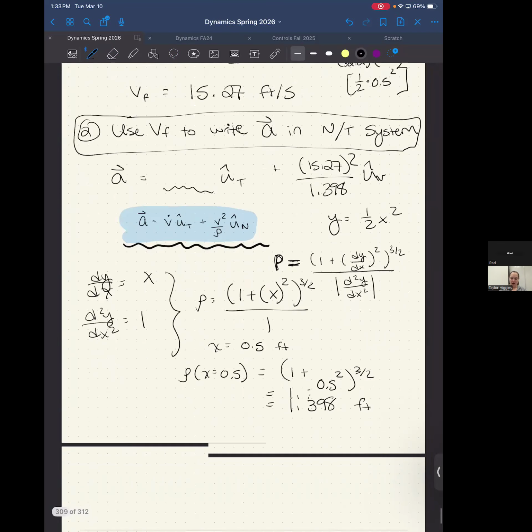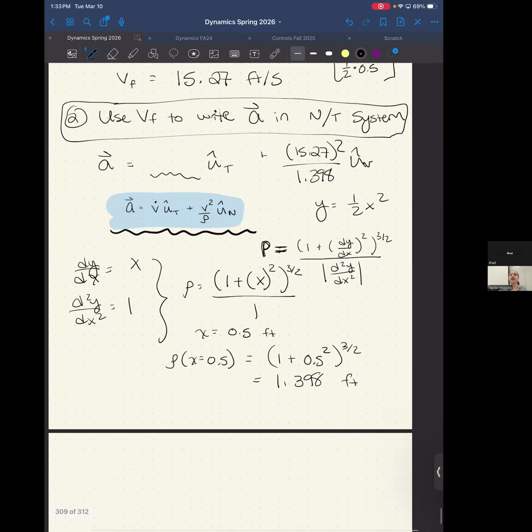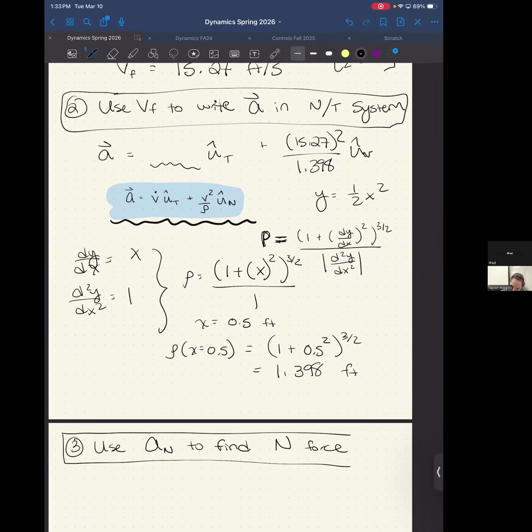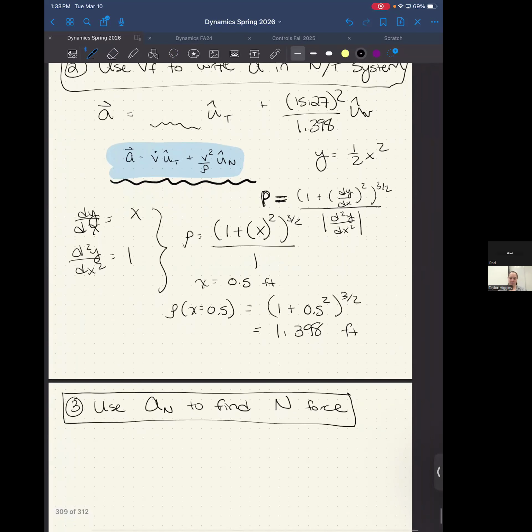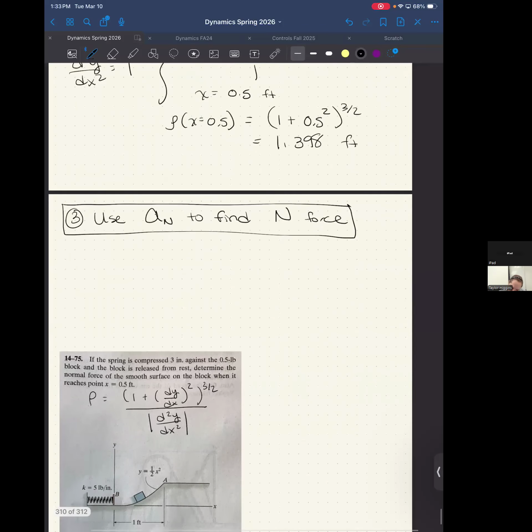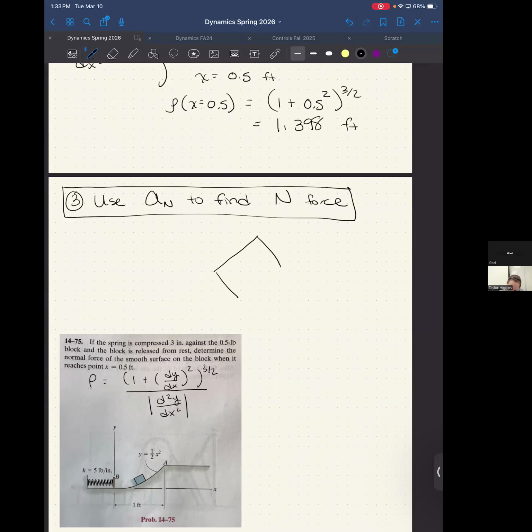Okay. It turns out we really only need to know the normal direction. So use acceleration in the normal direction to find normal force. So let's draw a free body diagram of this block. When I am on this surface, I'm kind of tilted this way.